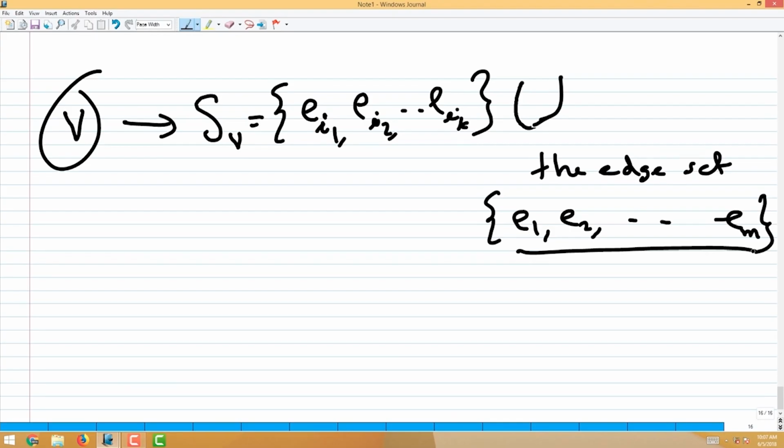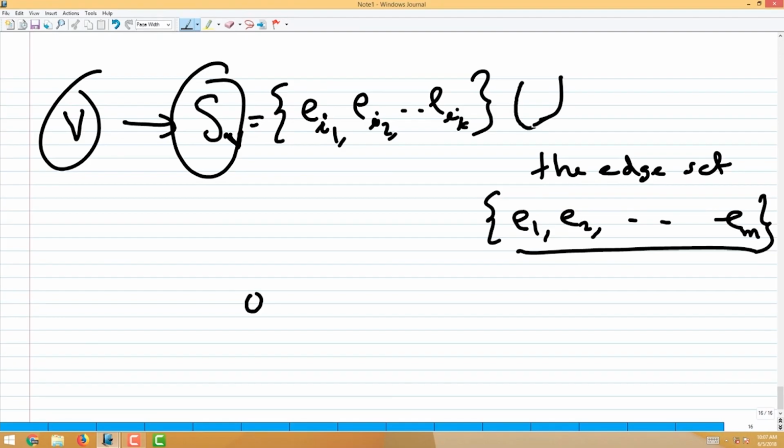And then I have to construct a subset of this universe corresponding to each vertex. That's what I wrote as SV. What should be the subset corresponding to V? All the edges incident on V.